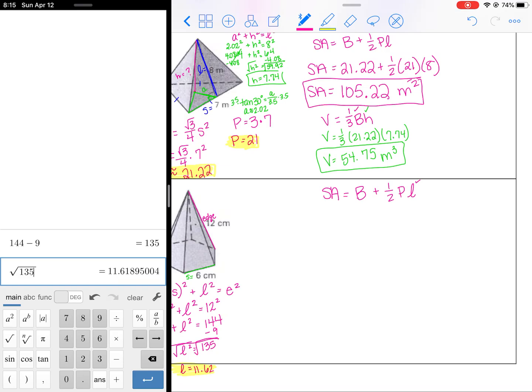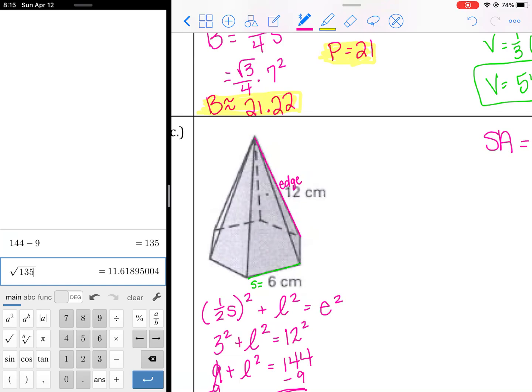So for the area of the base, since this is a hexagon, that's going to use our polygon area formula. So the area of this base is going to equal 1/2 apothem times perimeter. So in this area formula for my base, I need the perimeter there too.